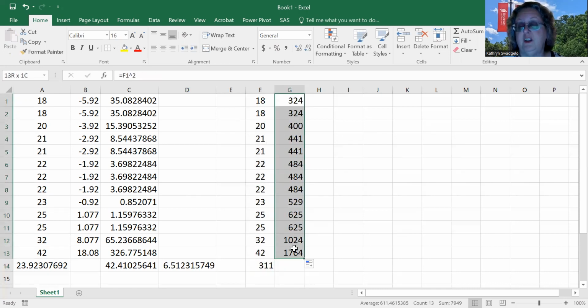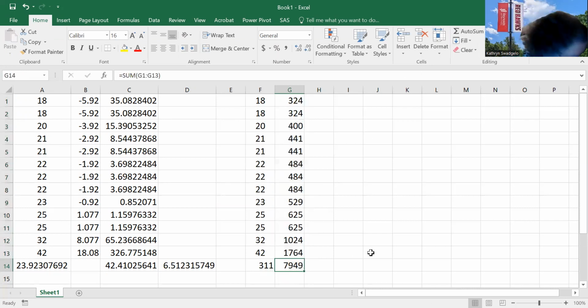I'm going to sum these together. So this number is the sum of the x squareds. So the alternative formula for the sample variance is the sum of the x squareds minus the sum of the x's, that number squared, divided by n, the sample size, and that whole thing divided by n minus 1.